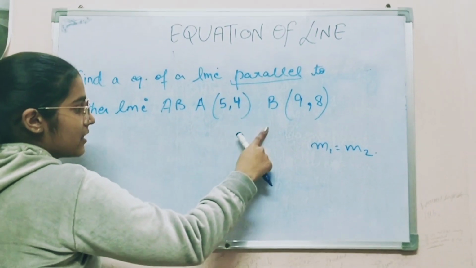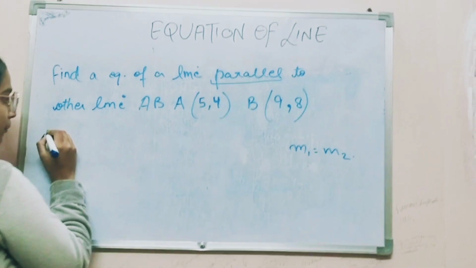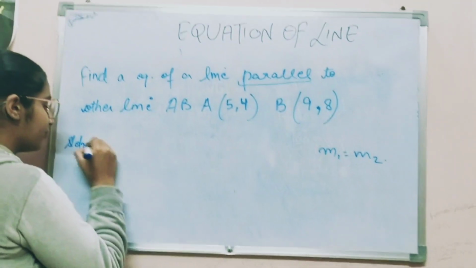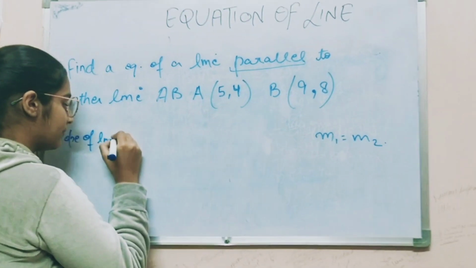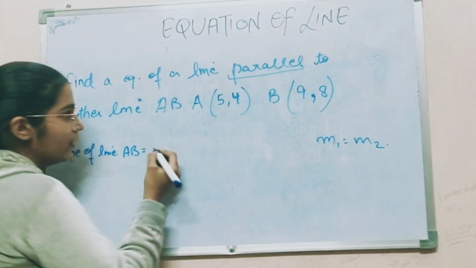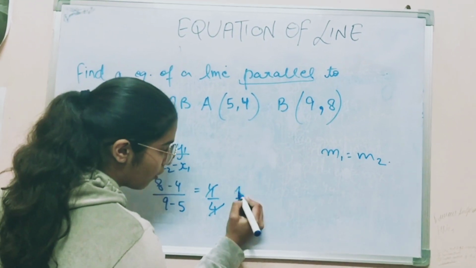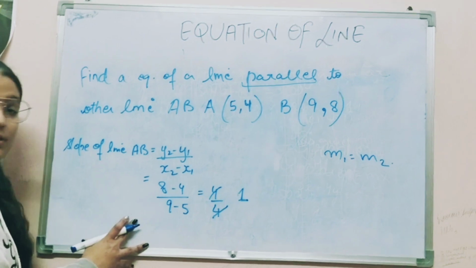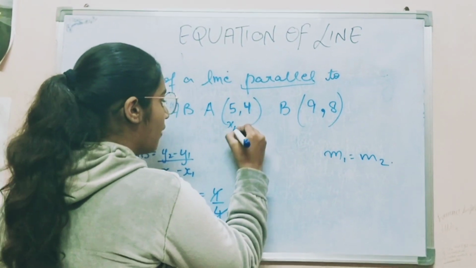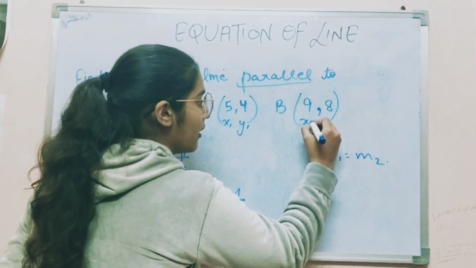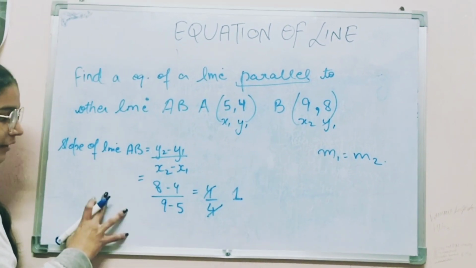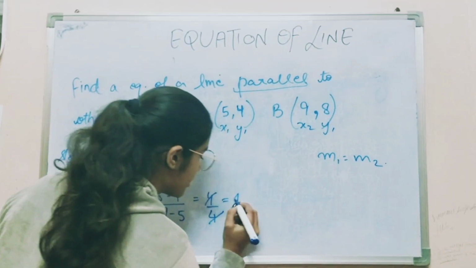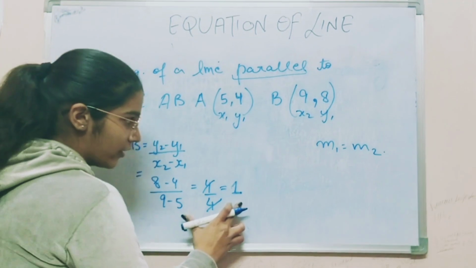So first let us find the slope of line AB. You can all clearly see that I have simply substituted the values of y1, x1, x2, y2, and after solving it I got the slope of line AB as 1.